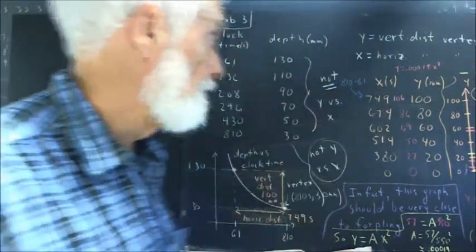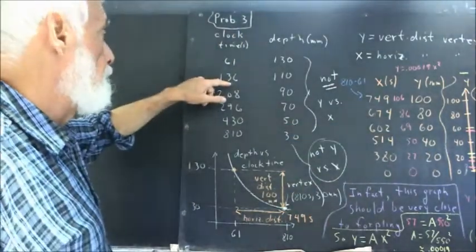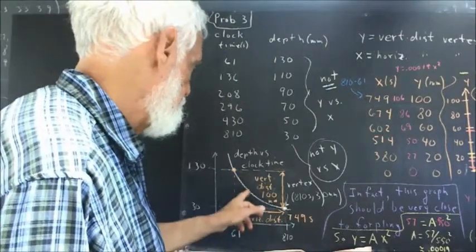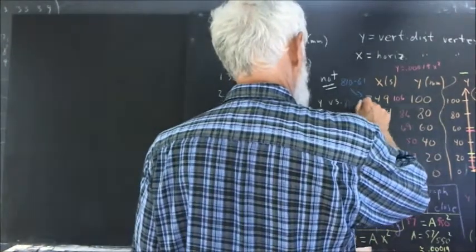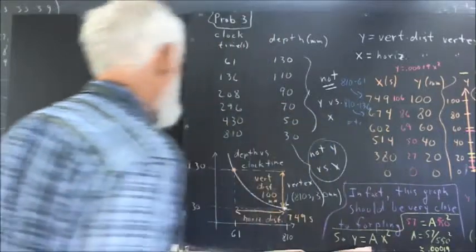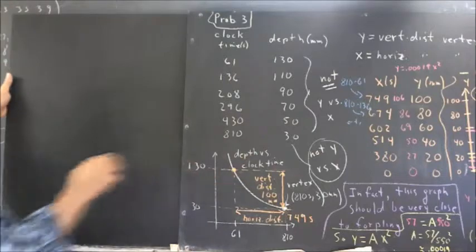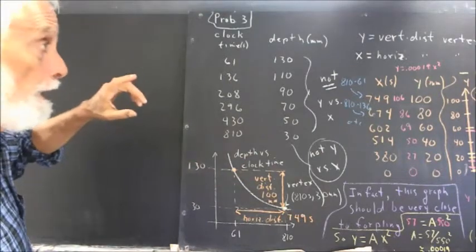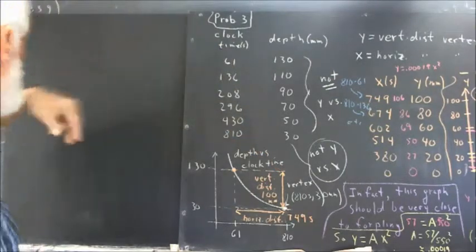Okay, this is in seconds. And similarly, 674, well, our point 136, 110 would be at 136 here, which would be a horizontal distance of 810 minus 136, etc. So we can write over here, what we learned from there is that x is equal to 810 seconds minus the clock time.